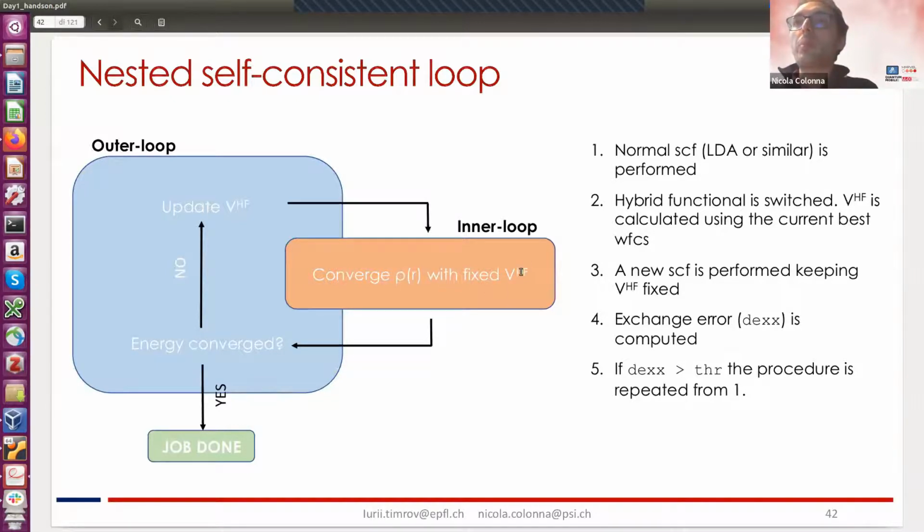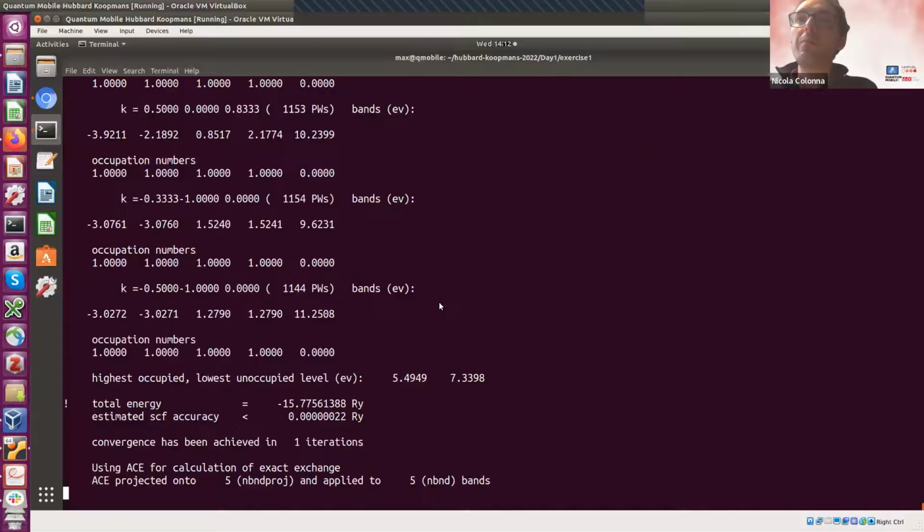So you now update also the VXC and you iterate this loop. At every iteration, you check whether your energy is converged or not. If it is converged, you are happy, your job is done, and you exit. Otherwise, you update VXC and you iterate until convergence is reached.